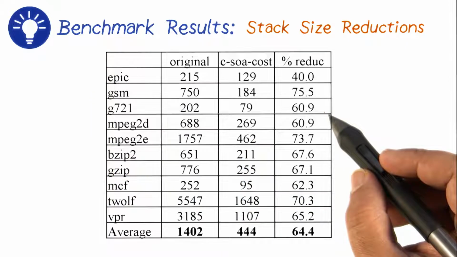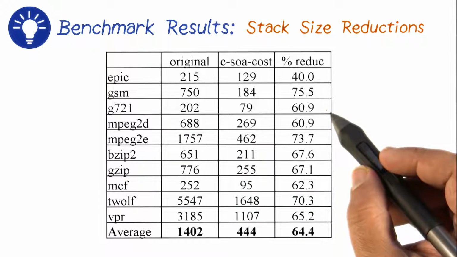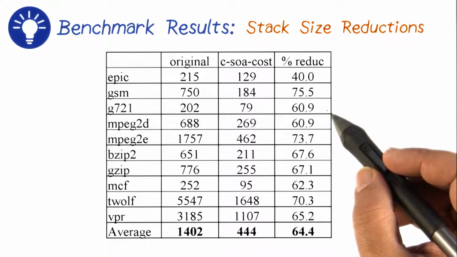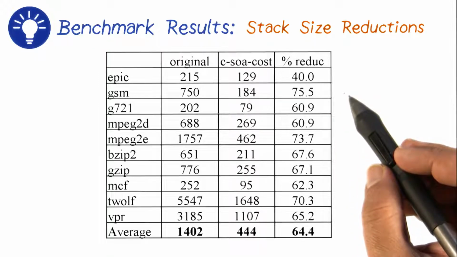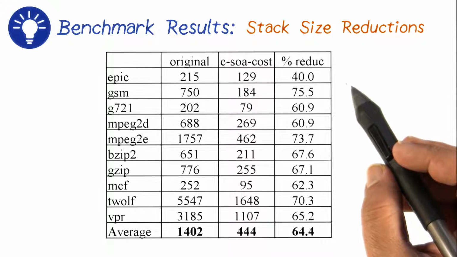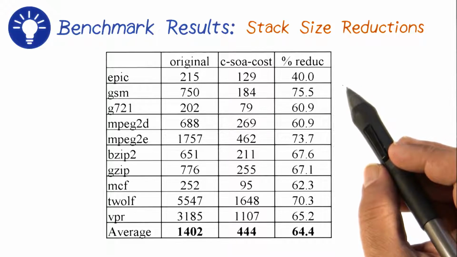Now remember, another big benefit of coalescing is reduction in the data segment or the memory requirements of the program, and all these variables which are coalesced share the same memory location on the stack. So because of coalescing, there have been dramatic reductions in the data segment requirements for the program.